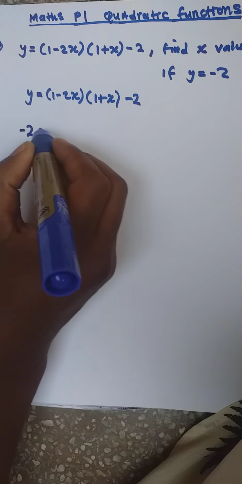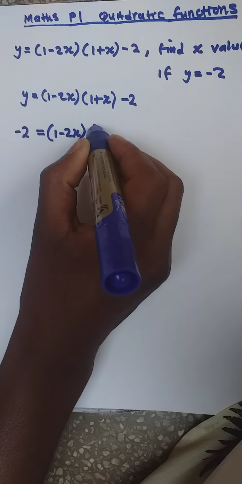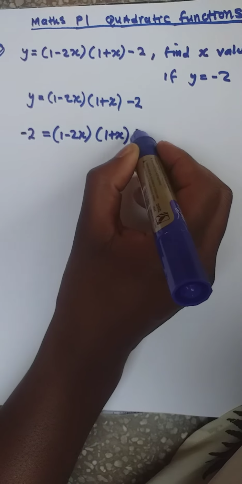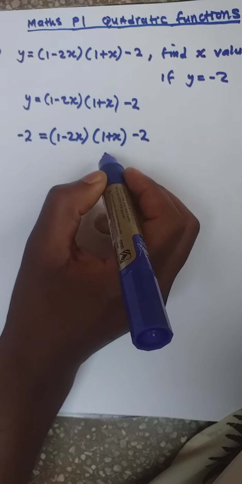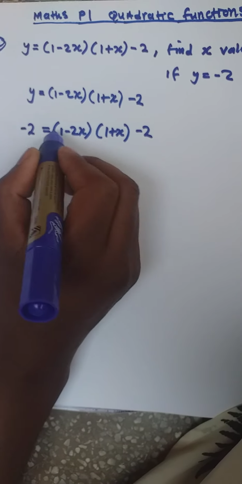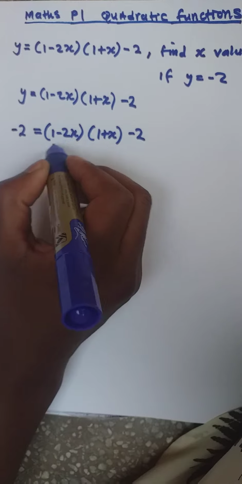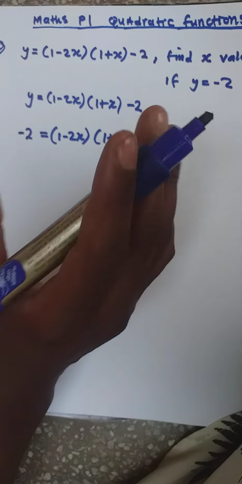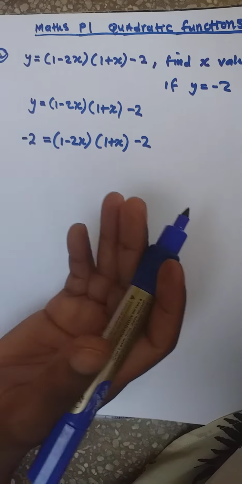So we are saying -2 = (1 - 2x)(1 + x) - 2. What you should know is that what is in the brackets here are already factors, so don't start multiplying. Don't tamper with these expressions that are in the brackets.